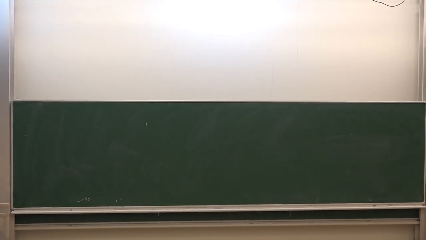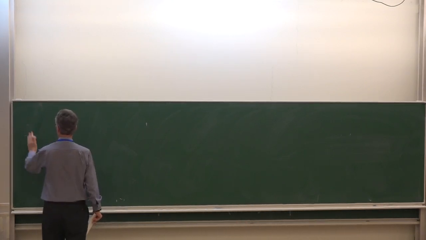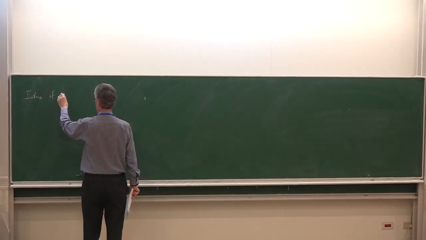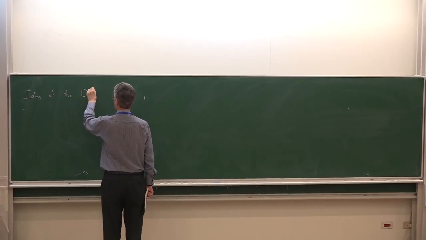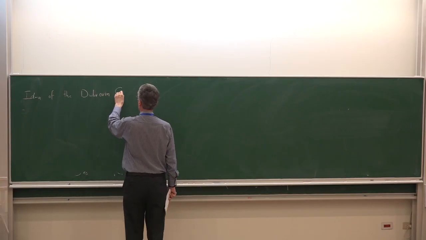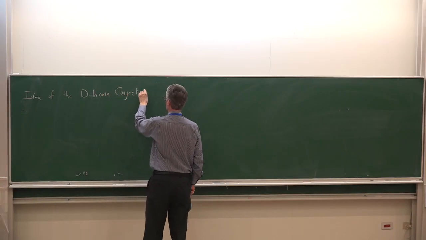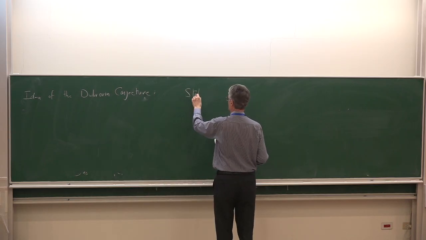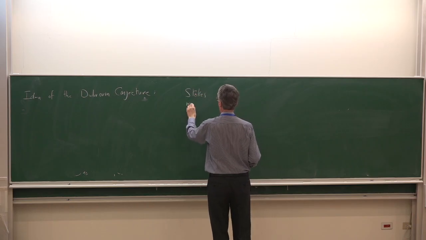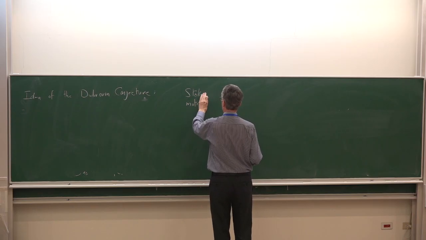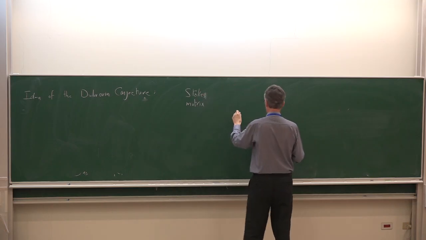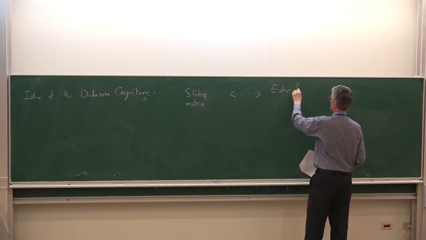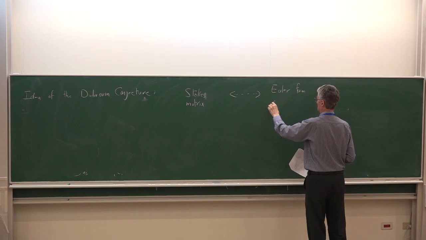So the idea of the de Broglie conjecture, the geometrical interpretation of the gamma class, is, very roughly, that the Stokes matrices, well, let's say one Stokes matrix, is somehow related to the Euler form of the K-theory of X.